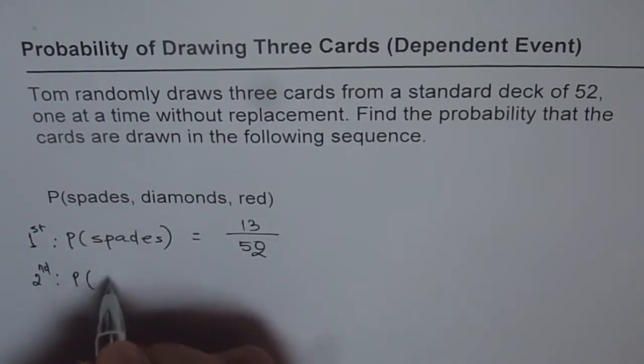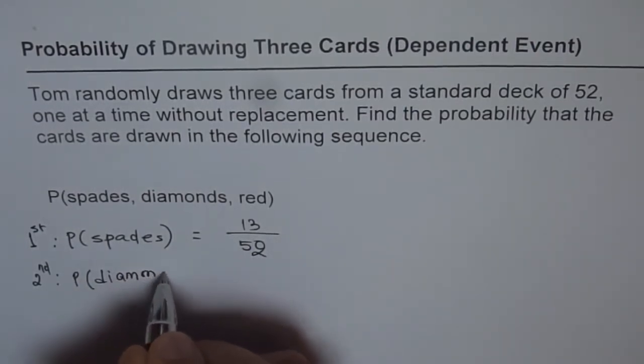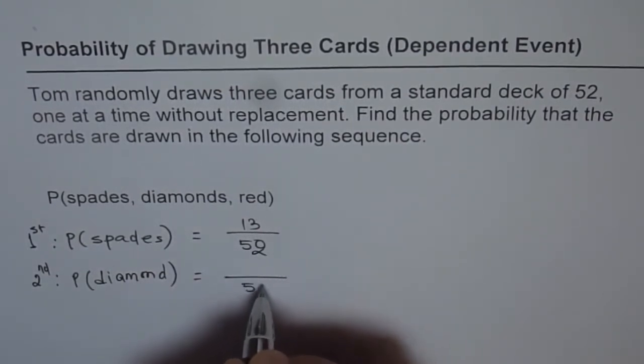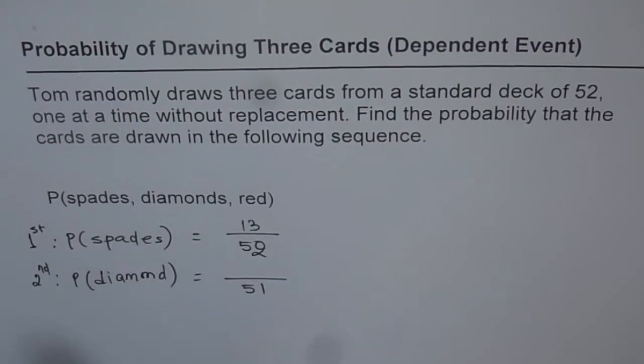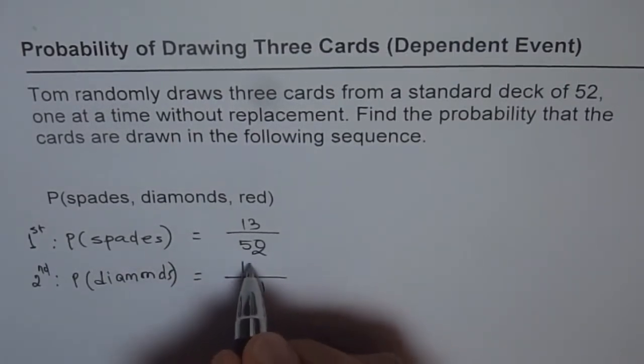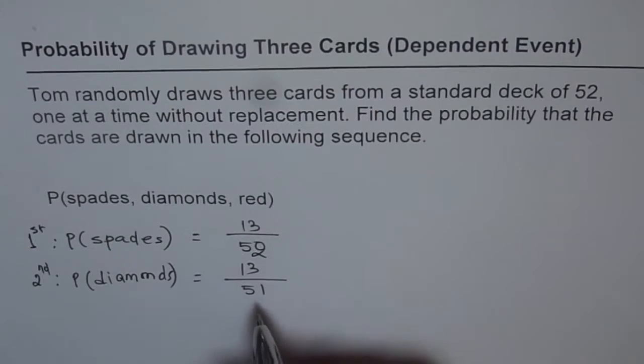So the probability of getting diamonds in the subsequent draw is, the total number of cards is now 51 because one was earlier drawn. So in the second draw, we have 51 cards, and there are 13 diamonds, right? So we'll write 13 over 51 as the probability of getting diamonds.